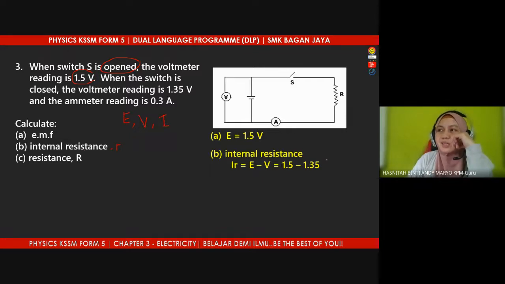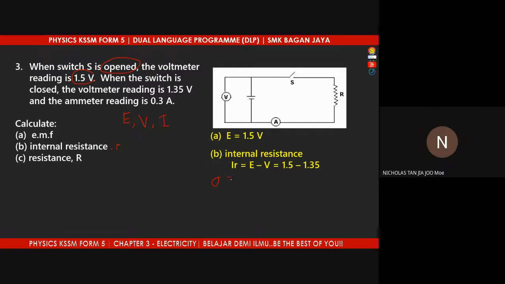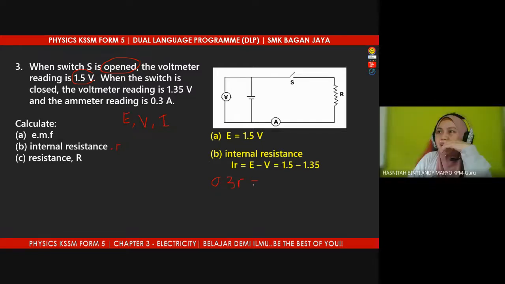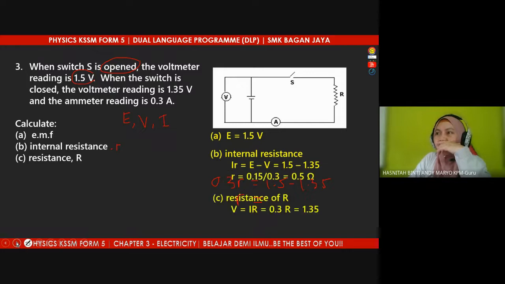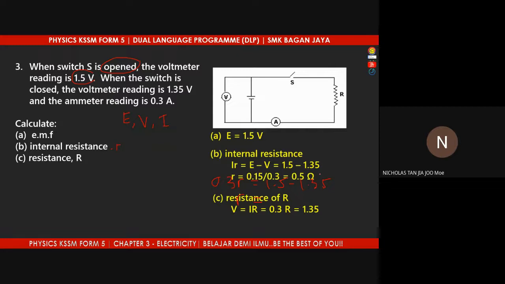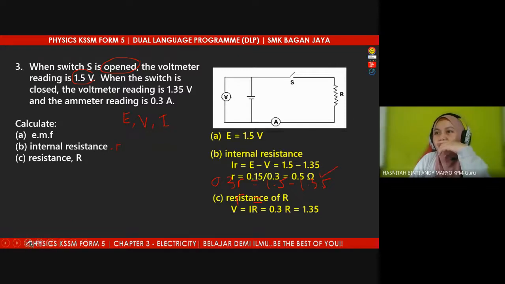Solve this equation, students. So you can replace I, 0.3, r equal to 1.5 minus 1.35. So what will be the value for r? What do you get, Nicholas? You will get 0.5. Okay, yes, correct. 0.5.